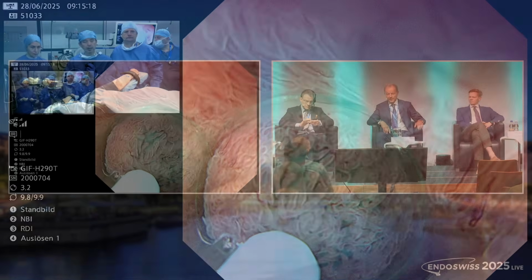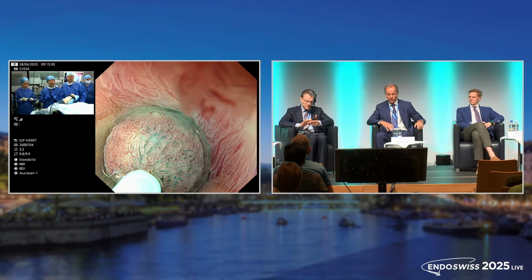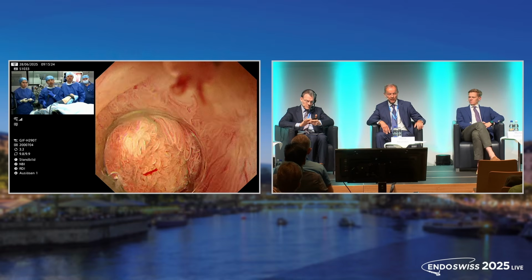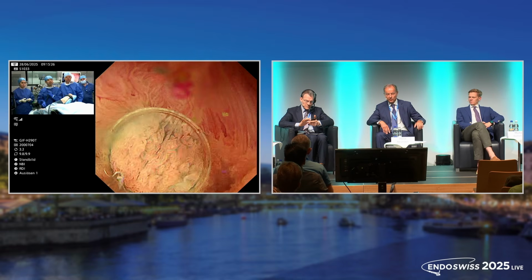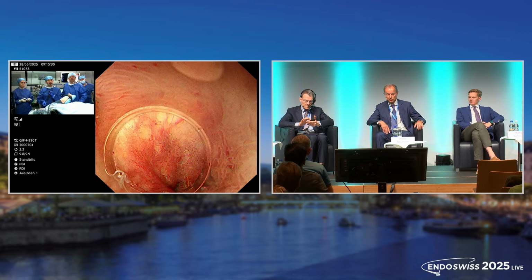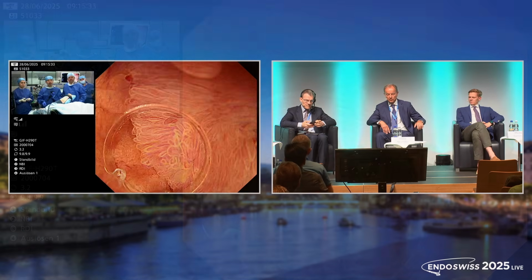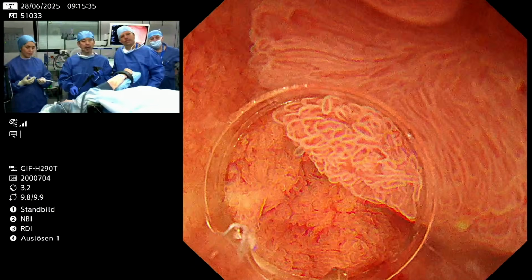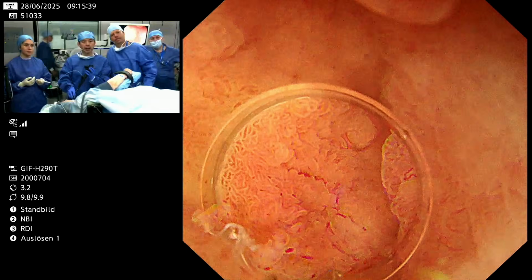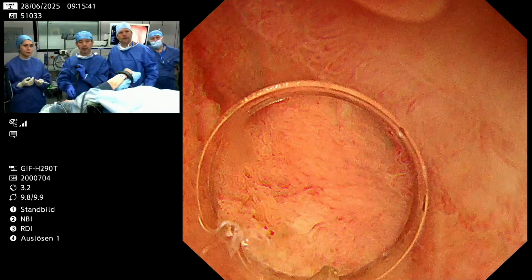We can nicely see the advantage of using a transparent cap, because you can keep the lesion away from the cutting zone. So which type of cap did you choose for this procedure? This is ST hood from Fuji. Because of the conical shape and the long nose, we can still visualize the entire area.